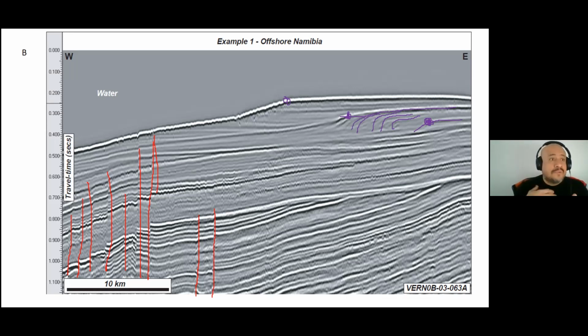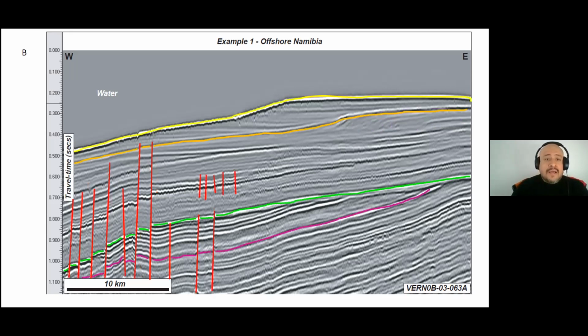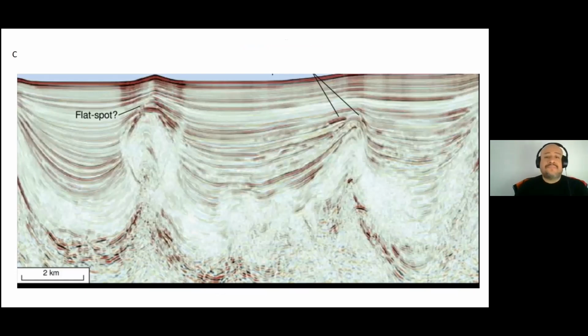That's something that we can take from this information. Also, we have some unconformities here because look, this has a different shape, and we have another shape here. You are going to have a different kind of interpretation. In the previous ones, the main thing was the faulting. In here, even though we have faulting, the main thing to understand is sedimentology, and we saw an example for this one in the presentation.